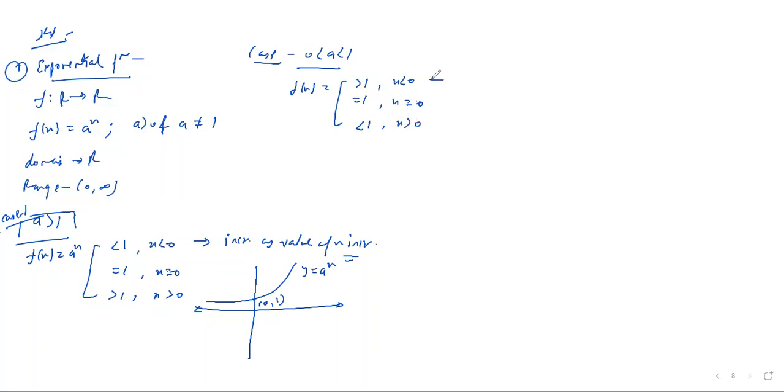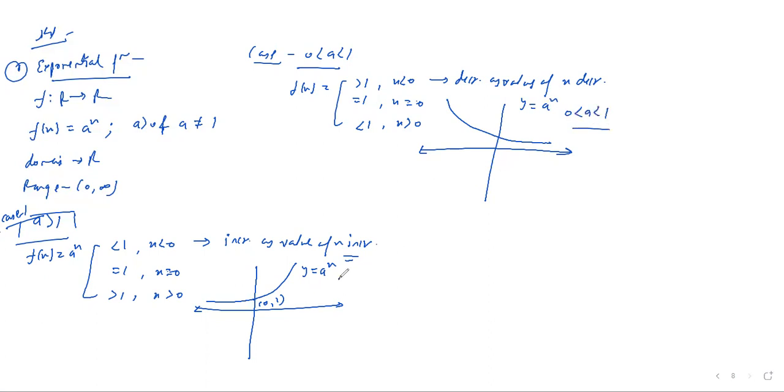At this point the function f is decreasing as the value of x increases. So we can make the graph like this: this is the graph of y equals a to the power x when a lies between 0 and 1. This is the exponential function, with the graph when a is greater than 1 and when a lies between 0 and 1.